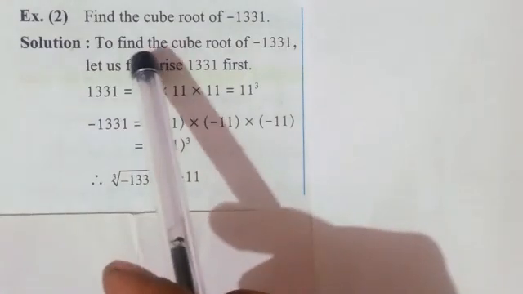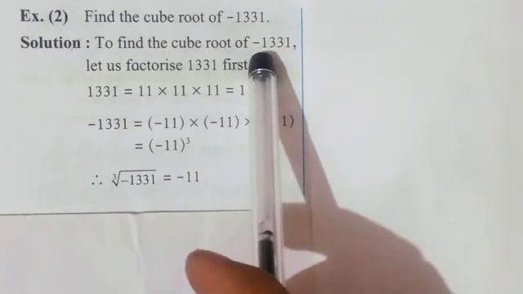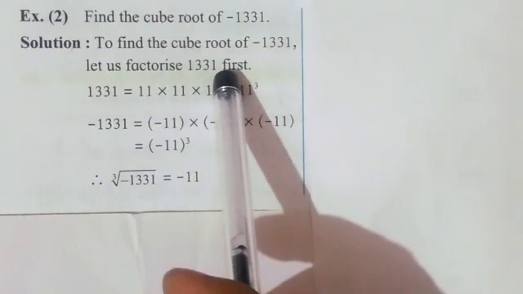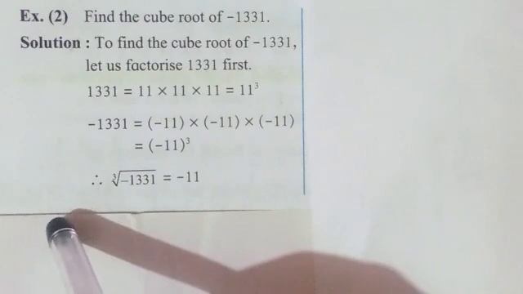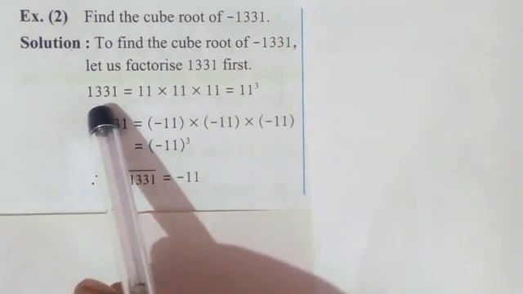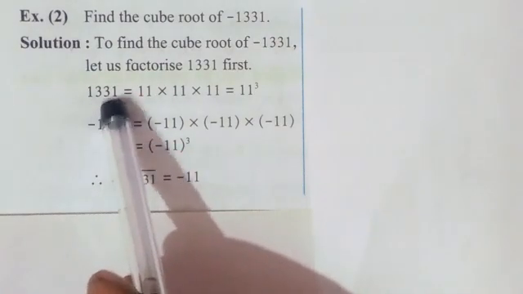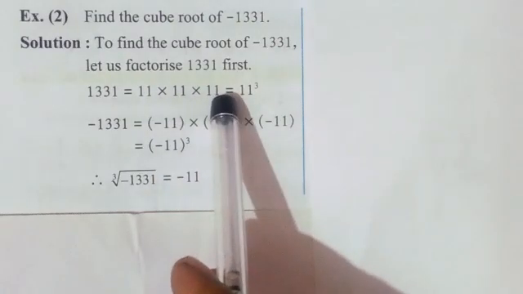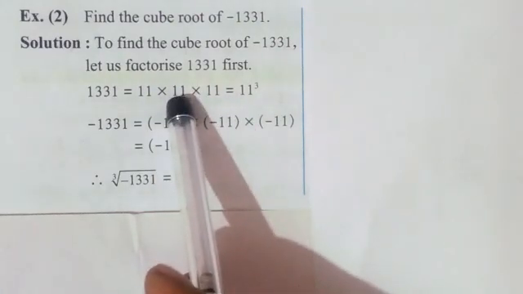So let's find the cube root of positive 1331 first, and later on when we get the prime factors, then we can give the negative symbol again. So the prime factors of 1331 are 11 into 11 into 11, it means it is a cube of 11.